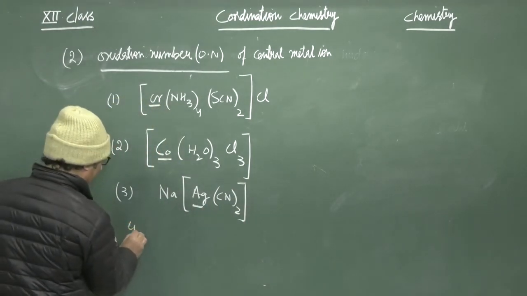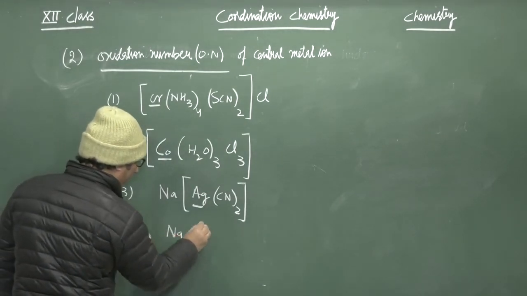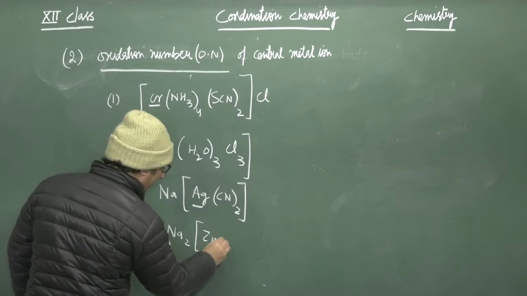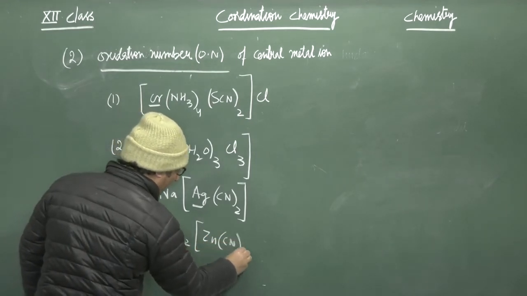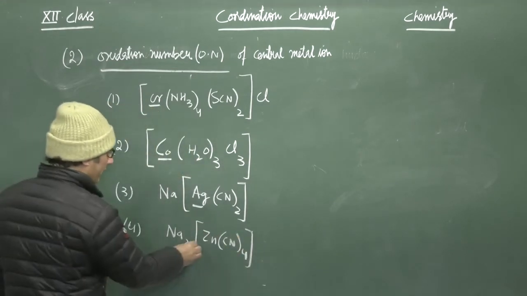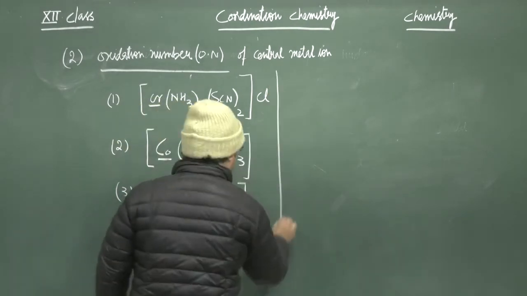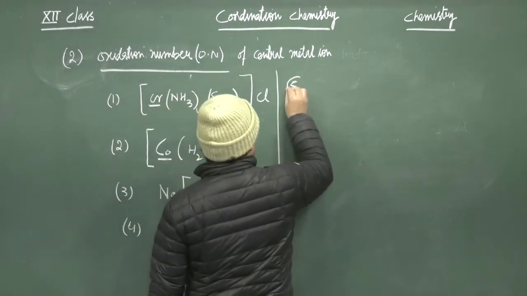The fourth will be Na2, Zn, CN 4 times. Calculate the oxidation state of zinc here. Fifth example, you can do it.